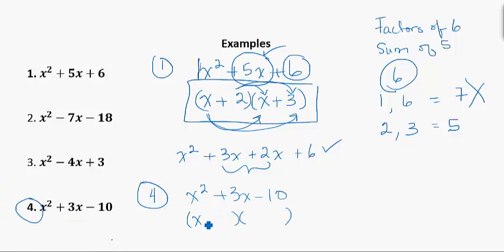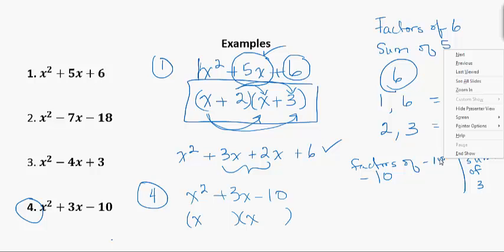So to get x squared we multiply x times x. Now here we have negative 10, so we're looking for factors of negative 10 that give us a sum of positive 3. When we're looking for two numbers that multiply to give us a negative, we know one of them must be negative and one of them must be positive.